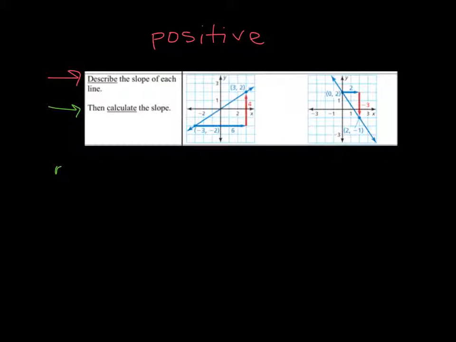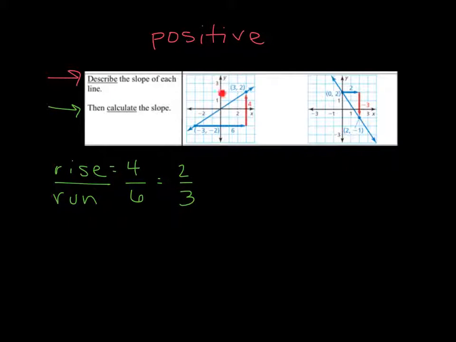So my rise was positive 4. My run was 6, which would reduce to 2/3. Okay, so I could use that slope triangle and actually count. I'm counting the little boxes. This is 1, 2, 3, 4, and I have to go over 6.